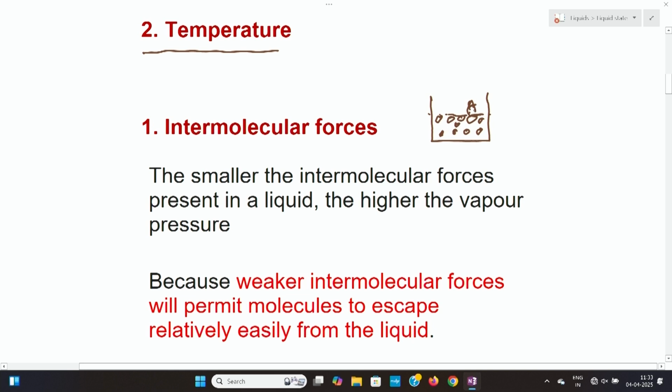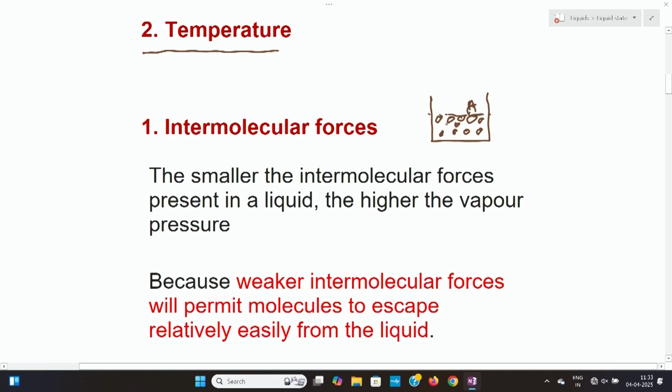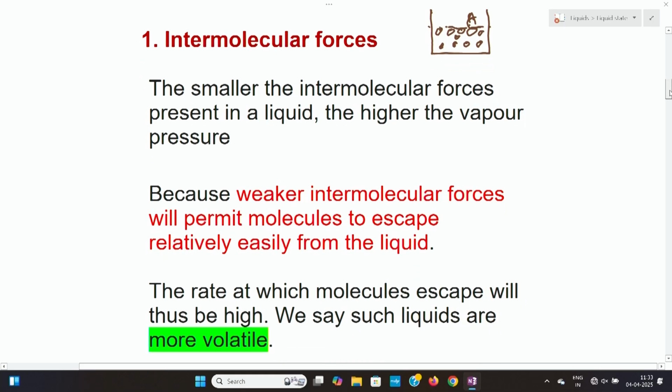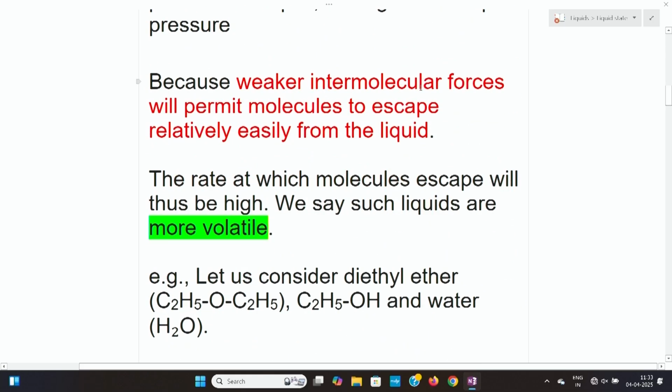So, at the surface the intermolecular forces are small, therefore the surface molecules have a strong tendency to change from liquid state to gaseous state. Therefore, intermolecular forces are one of the important factors for vapor pressure. If the intermolecular forces are weak, then it is very easy for the molecules to escape from the liquid state to the gaseous state.